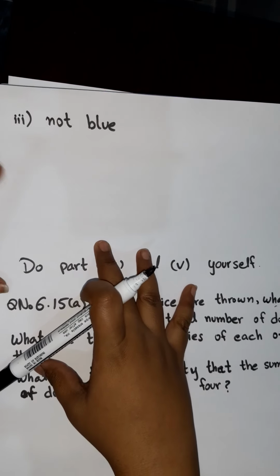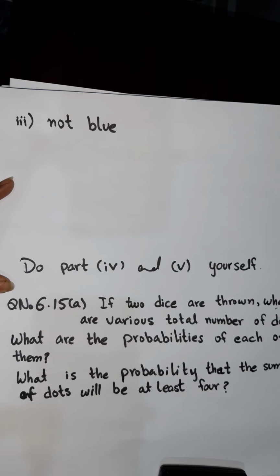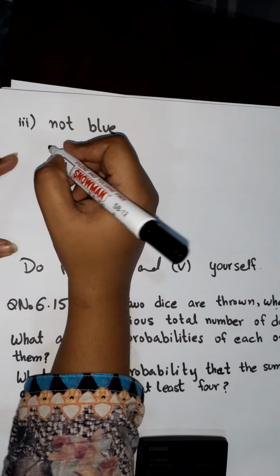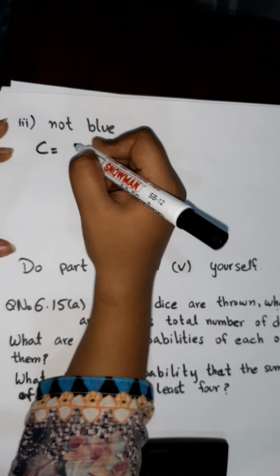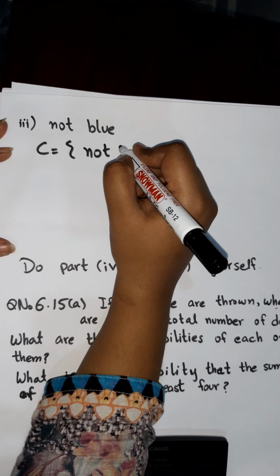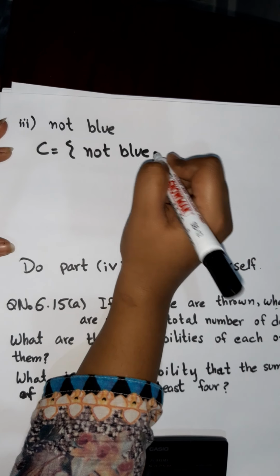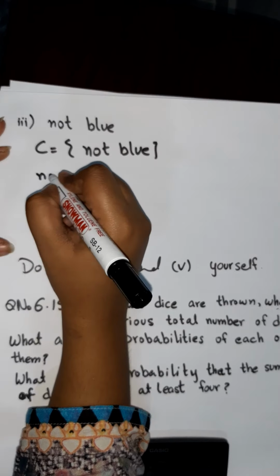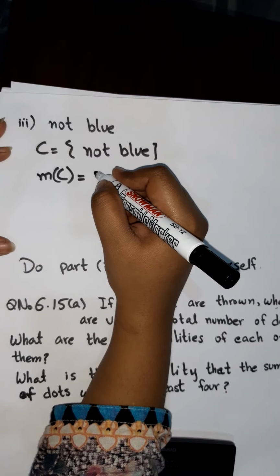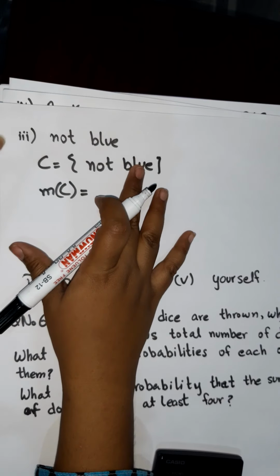Okay, part 3, not blue. Now the marble that is selected should not be blue. Event C says that it is not blue. It can be white, it can be red, and it can be orange, but not blue.